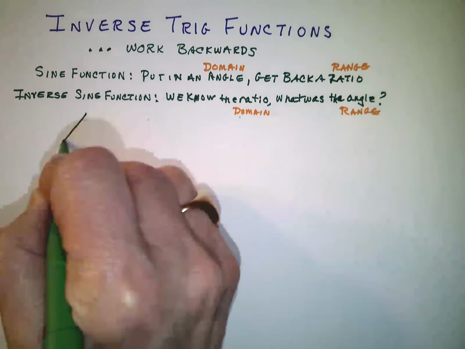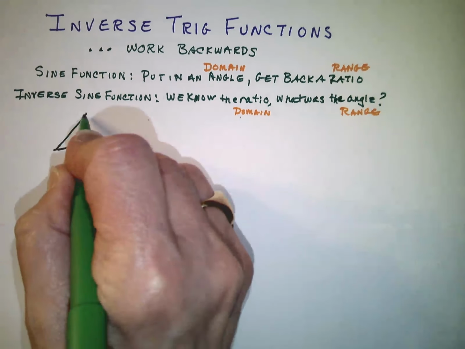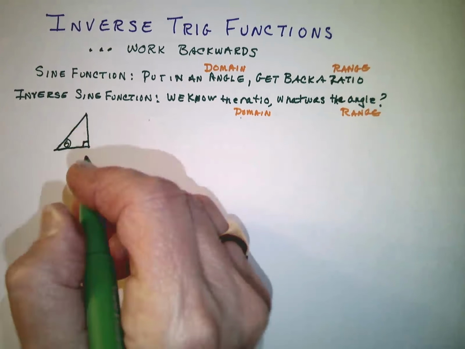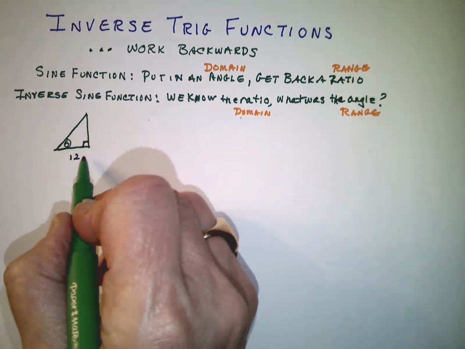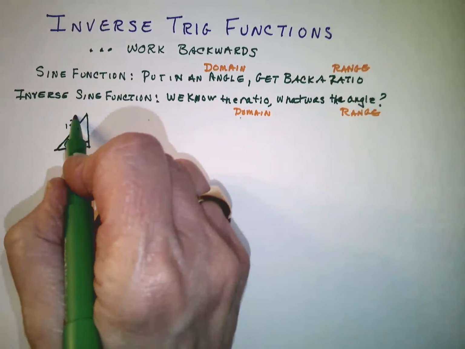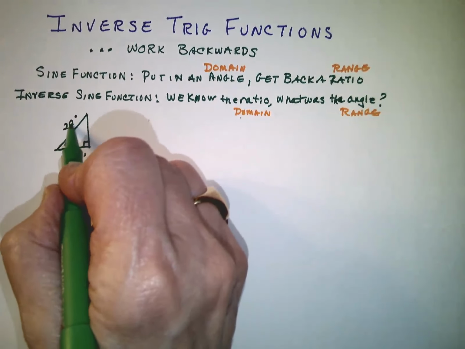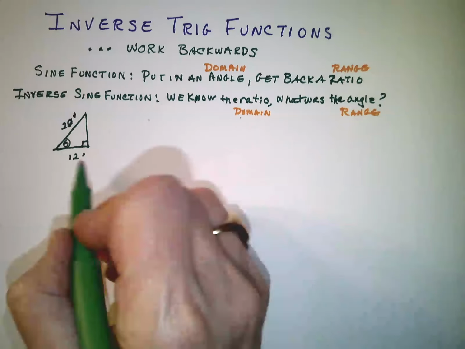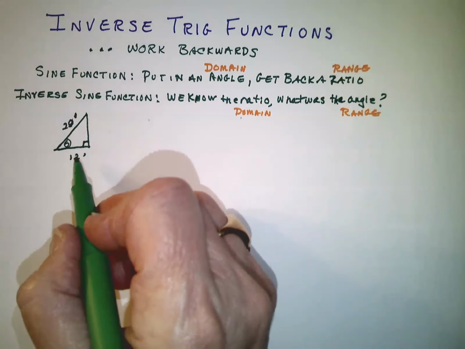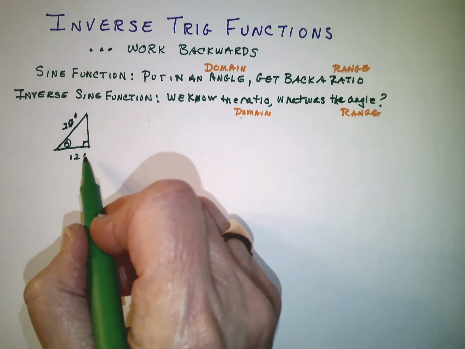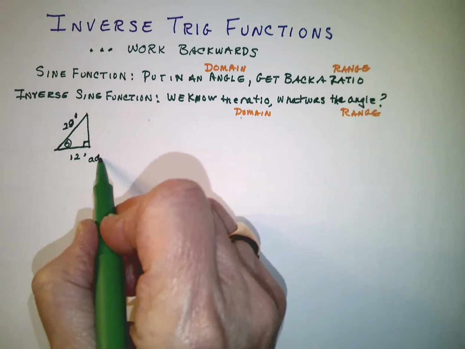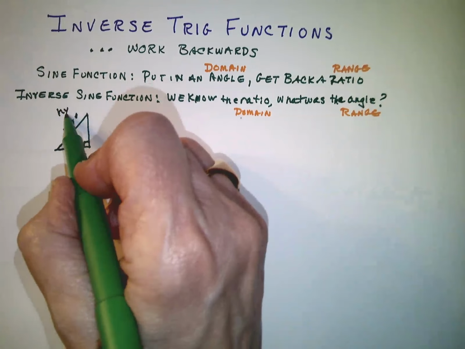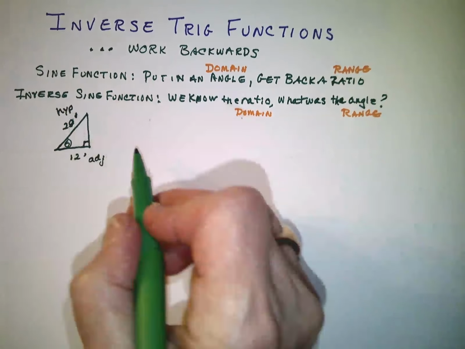You've already used the inverse trig functions when you were finding a missing angle in right triangle trig. So if we're given this triangle, we're supposed to find that angle. With respect to the missing angle, the 12 feet is the adjacent side. The 20 feet is the hypotenuse. Adjacent, hypotenuse, could also be SOH CAH TOA.